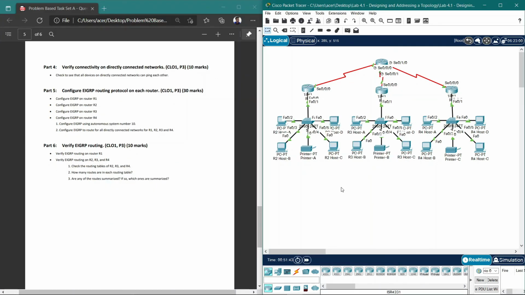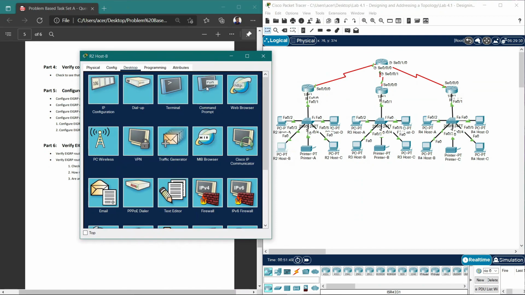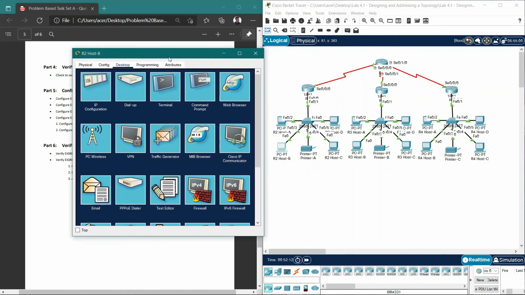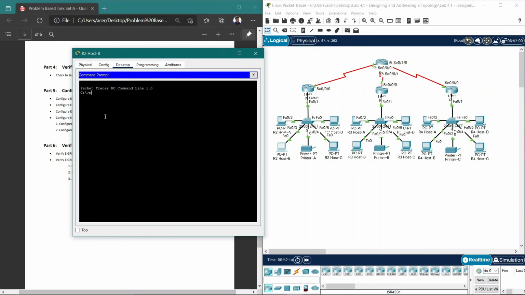And finally, to verify EIGRP routing connectivity, we can also ping from PC to PC in the other networks. In this case, I will be pinging from R2 host B to the printer in R3, 9.132.